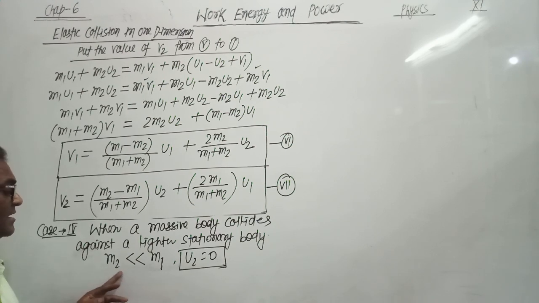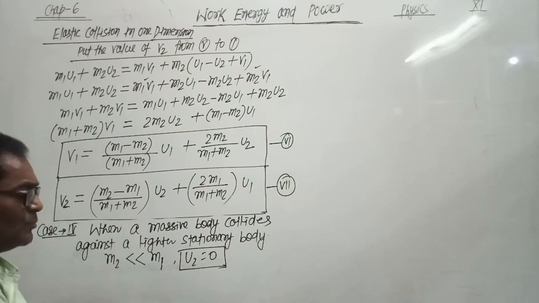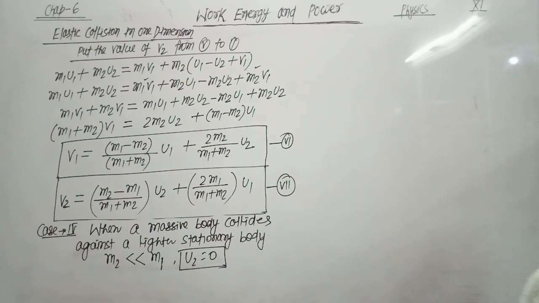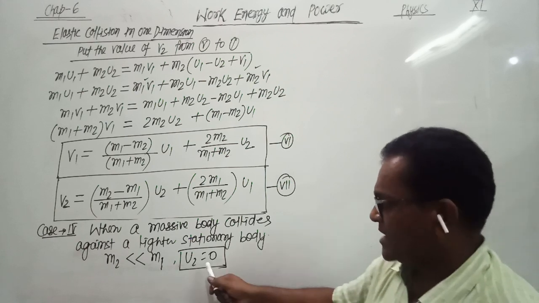But here the case has been changed. M2 is much less than M1. That is, the body which is moving is the massive body. It has more mass. And the body which is at rest has less mass.